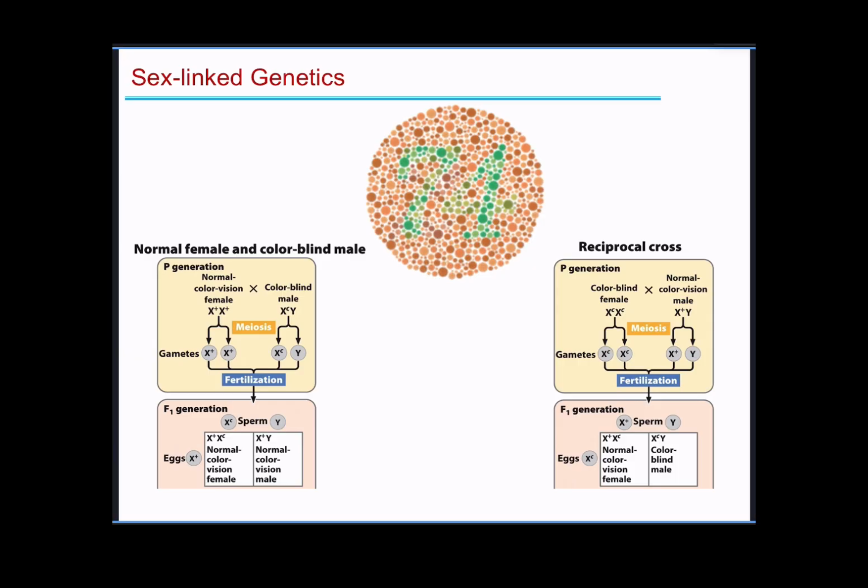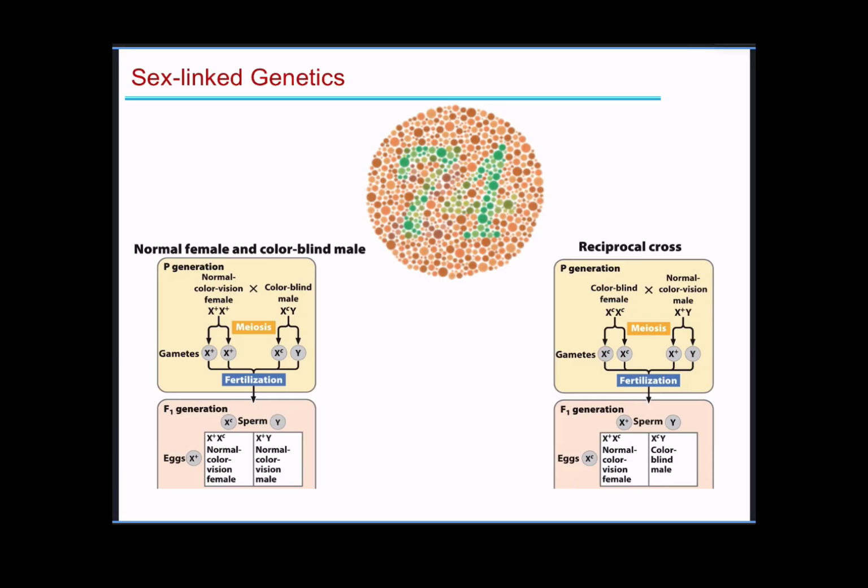And if you were to look at a normal color vision female here that has progeny with a colorblind male, you can work out that all of the progeny will be normal color vision.